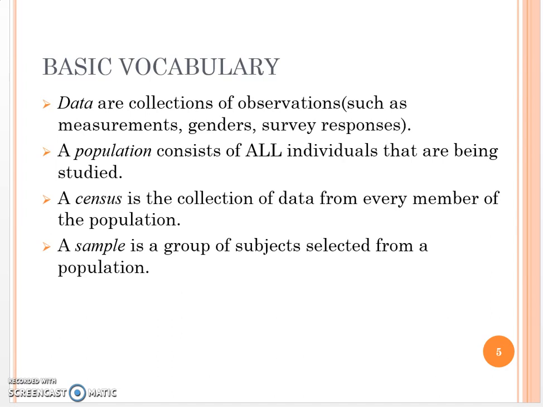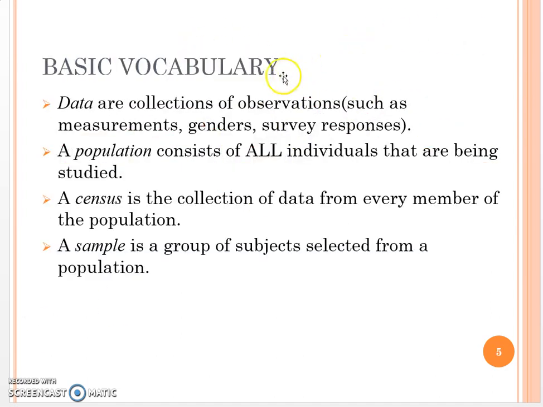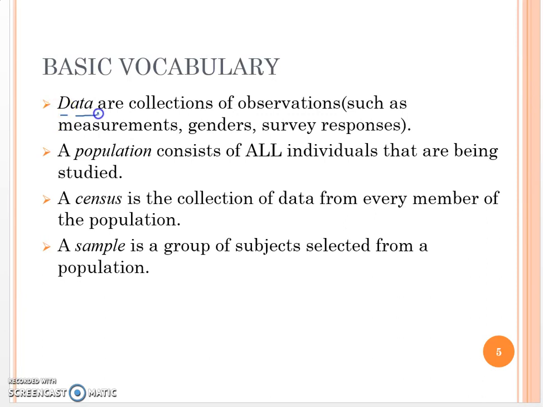So in order for us to carry out all this work, we need to have some basic ideas of the vocabulary, the terms that we'll be using in stats. So let's look at the terms one by one. First is data, that we hear quite often in the news and articles, and textbooks.